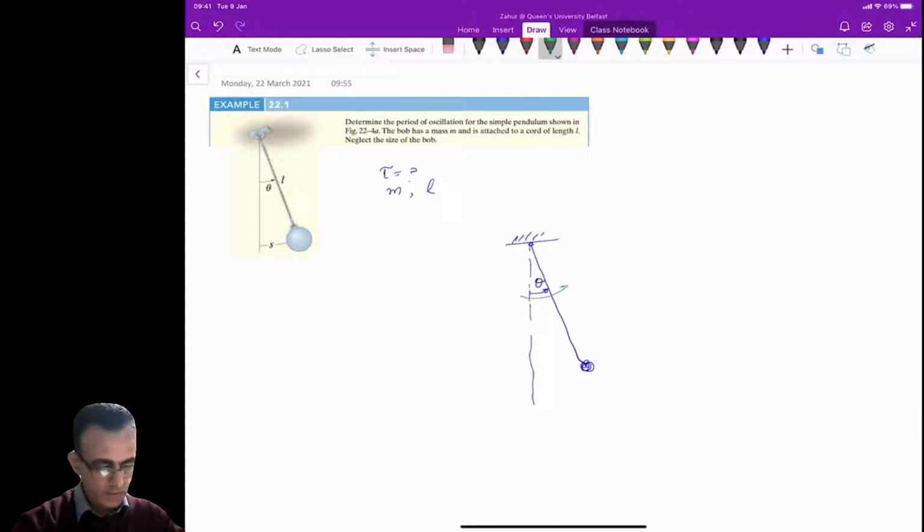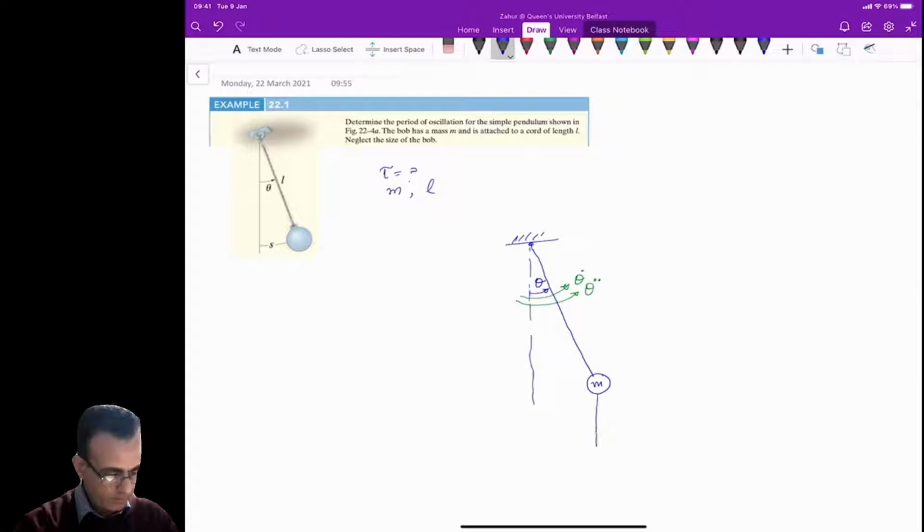Then theta dot and theta double dot are in this direction here. So the angular velocity and acceleration are in this direction here. And mass is given here.